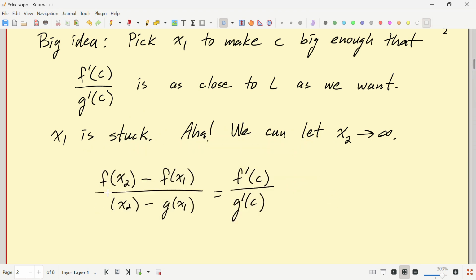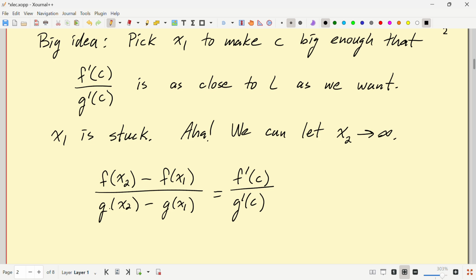Okay, and now what should I do? Any ideas about what I should do to get f of x over g of x? And x2 is going to be big, so I want f of x2 over g of x2. How should I get it? Any suggestions?